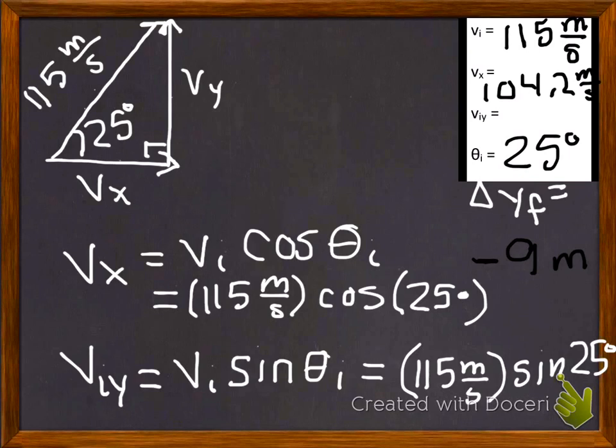And when we plug that one in the calculator, we'll be looking at an initial vertical speed of 48.6 meters per second. And you can tell from looking at the picture that you've drawn and this triangle here that that initial vertical component does indeed go up. So it's okay that this number stays positive.